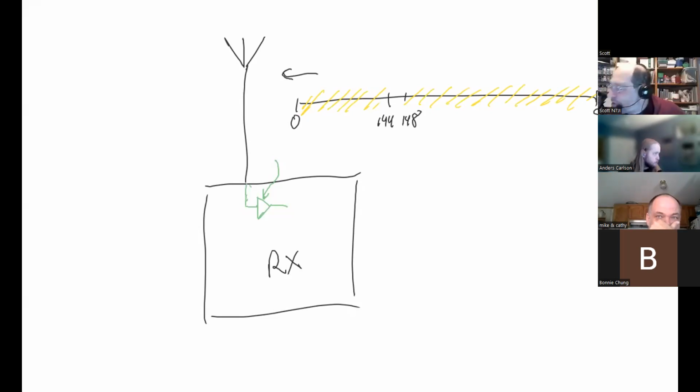Okay, so let's ask the question: how much ability does that amplifier have to amplify everything that it hears? Well, if it's a real wideband amplifier, everything that comes in is going to get amplified, right? So what if there's another signal? Let's say there's a bunch of signals in this band that you want to listen to and some really big ones over here.